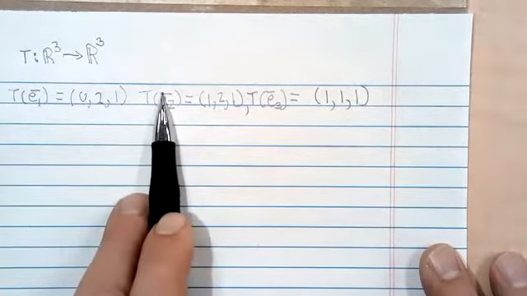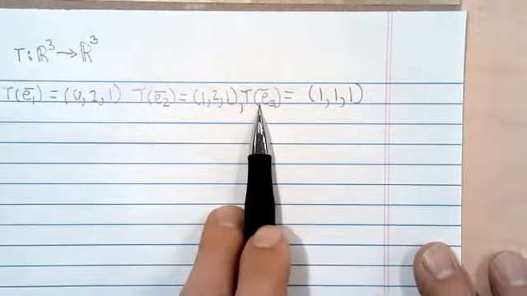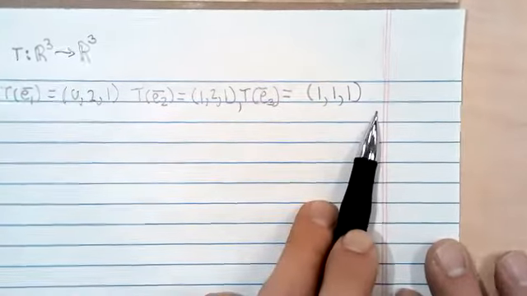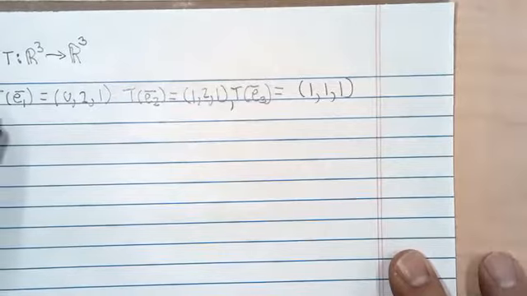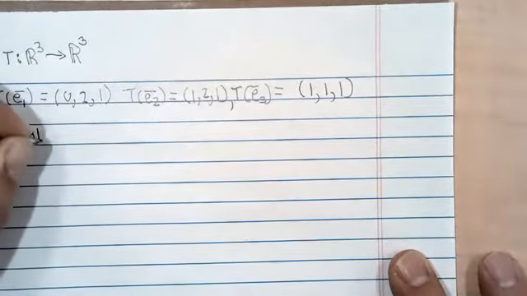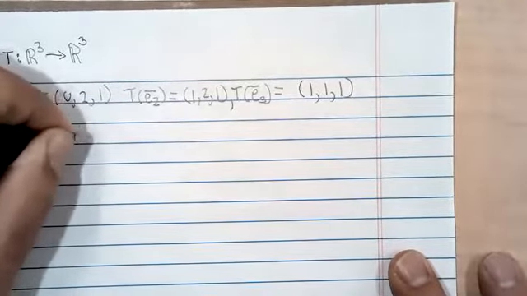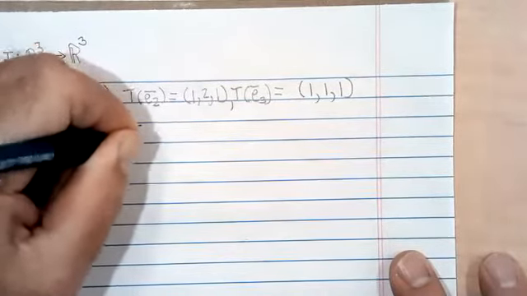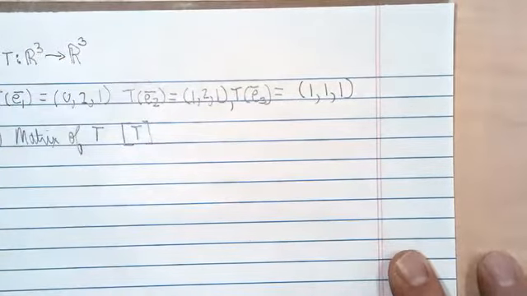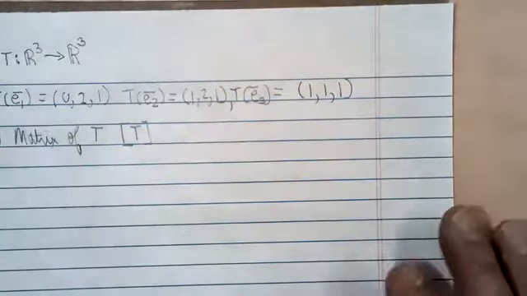T of 0, 1, 0, you get this. And T of 0, 0, 1, you get this. And the first question is this: to find the matrix of the linear transformation. And we actually have a notation for that. It's T with square brackets above it.